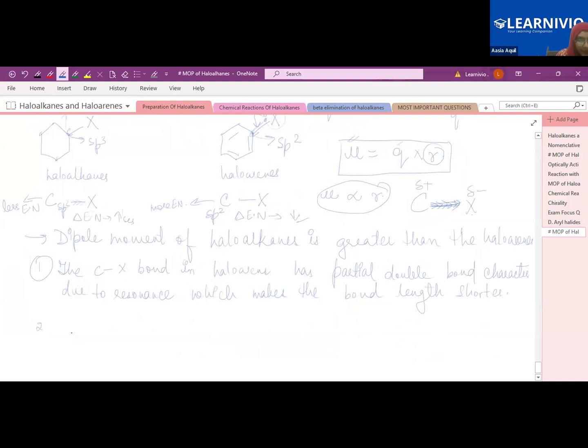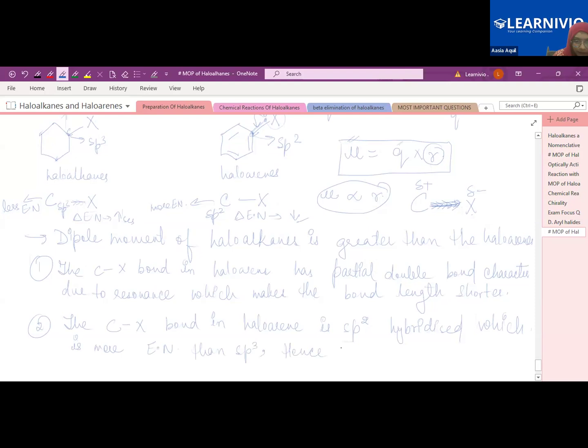And the second point, write down: the C-X bond, the carbon and halogen bond in haloarene, is sp2 hybridized, and the sp2 hybridized carbon is more electronegative than sp3.